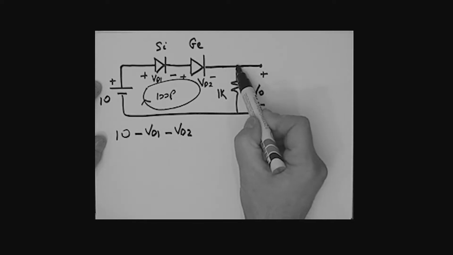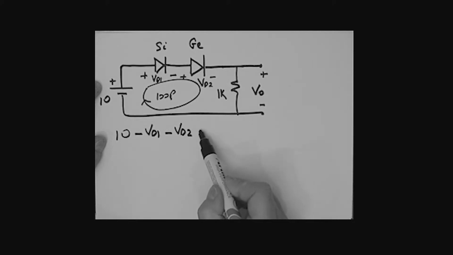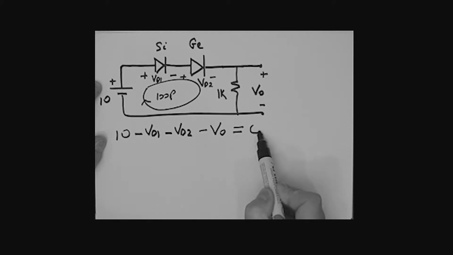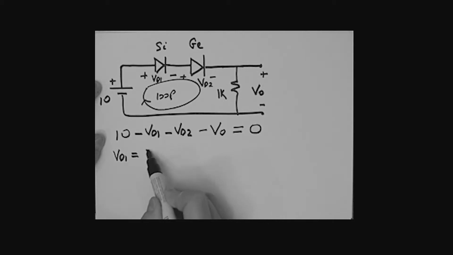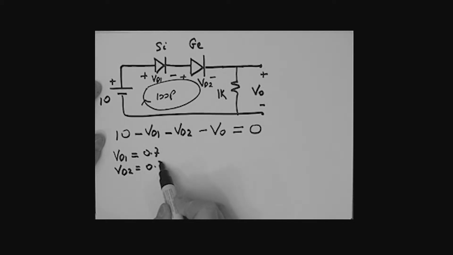And then going from here to here, we're calling that VO, which is what we want to find. That's minus VO, all equals 0. Now, since we're using the second approximation for each of these diodes, the silicon diode, VD1, equals 0.7. The germanium diode, which is VD2, both are in the conducting direction, is 0.3.